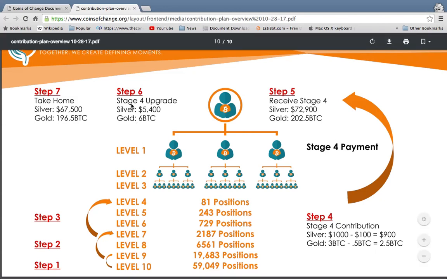So now on step 6, you've made your stage 4 upgrade. You've received your stage 4 of 72,900. In gold, it's going to be 202.5 Bitcoin.